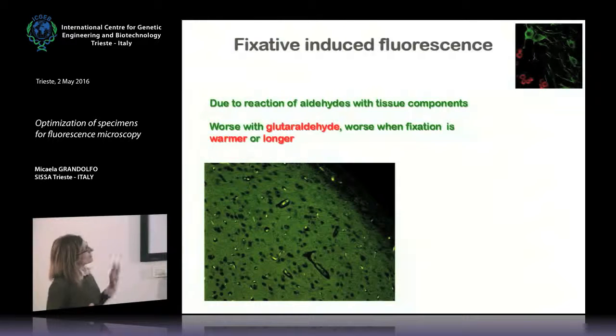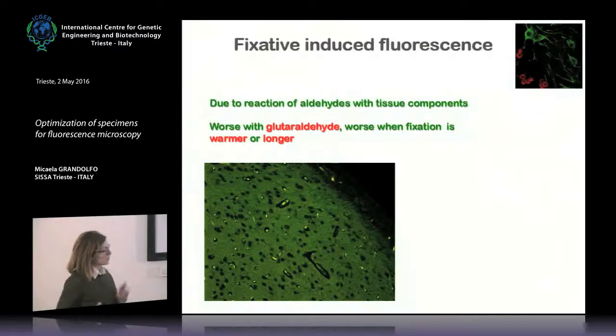Fixative-induced fluorescence. Remember that this type of autofluorescence is due to the reaction of aldehyde groups with tissue components, and it is worse with glutaraldehyde and when the fixation is warmer or longer.